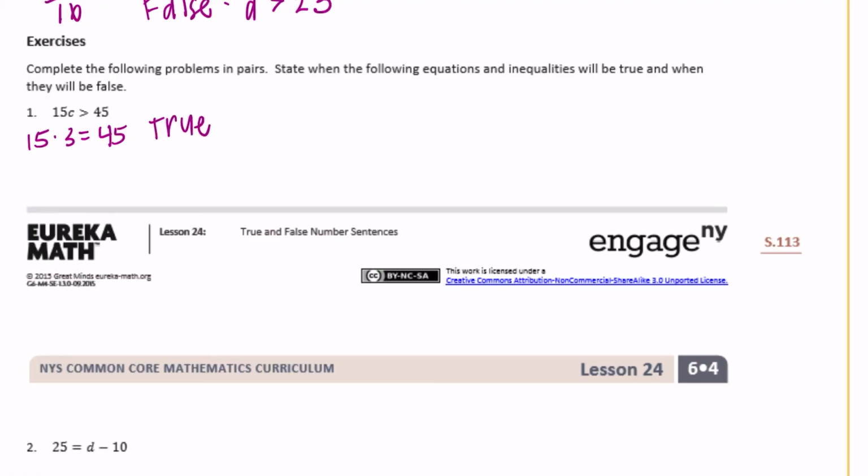So for it to be true, C needs to be greater than 3. For it to be false, then C would have to be less than or equal to 3.